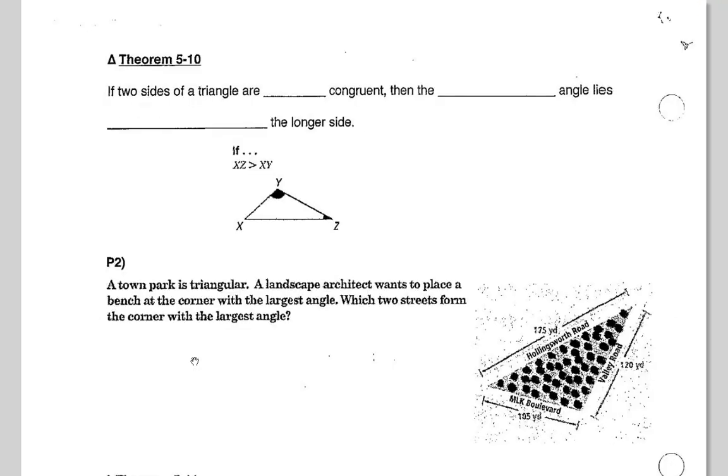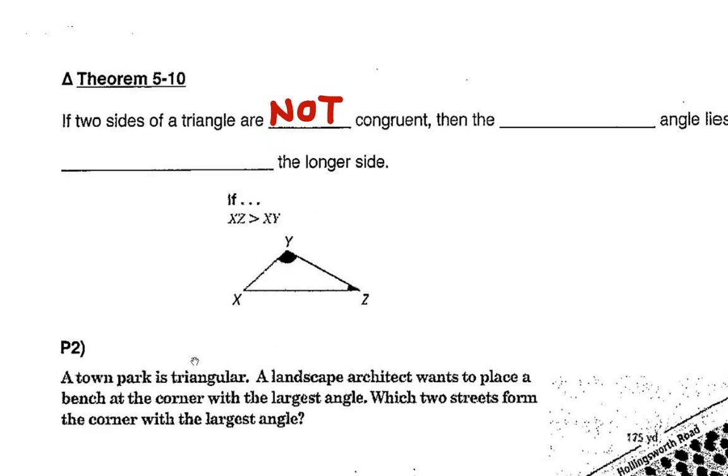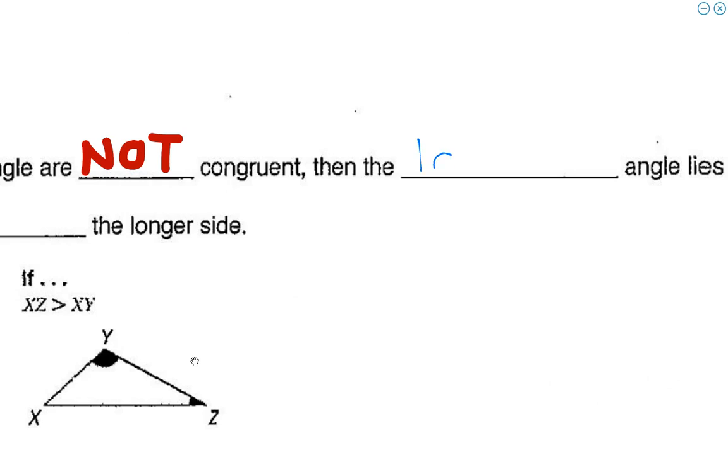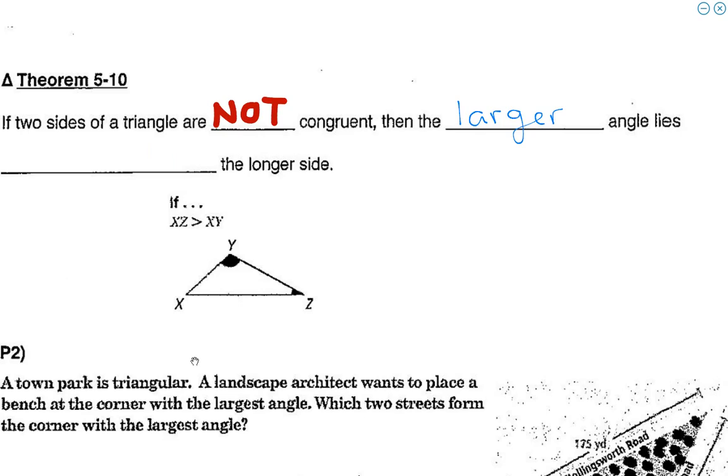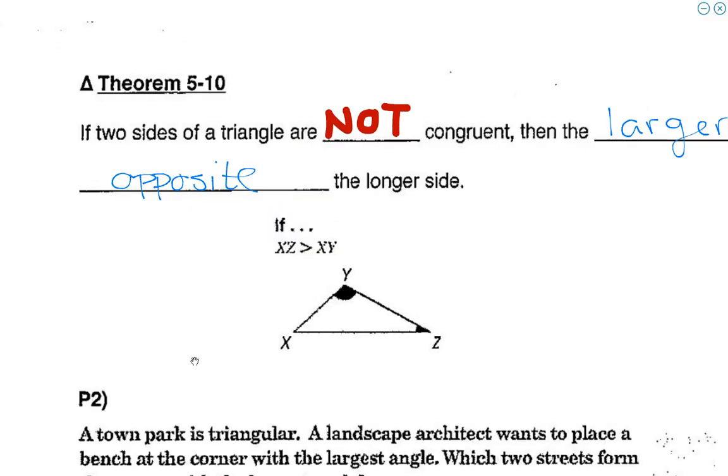All right, theorem 5.10. If two sides of a triangle are not congruent, then the larger angle lies opposite the longer side. Then the larger angle lies opposite the longer side.